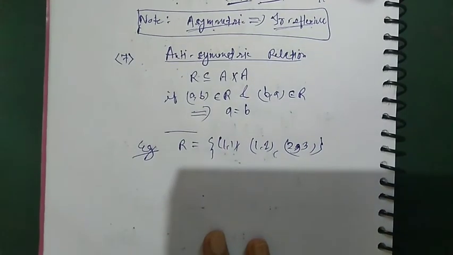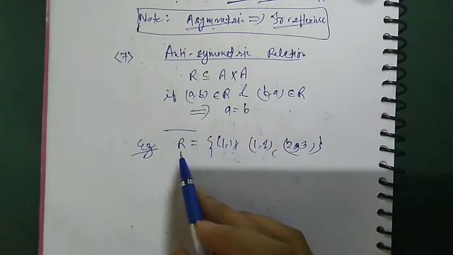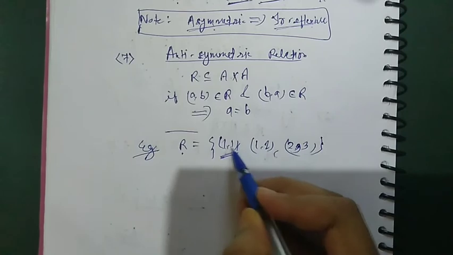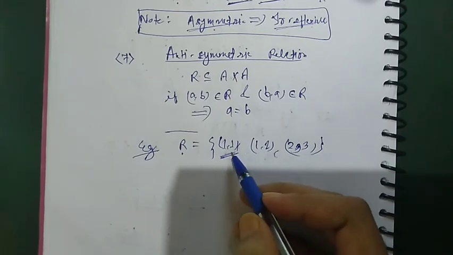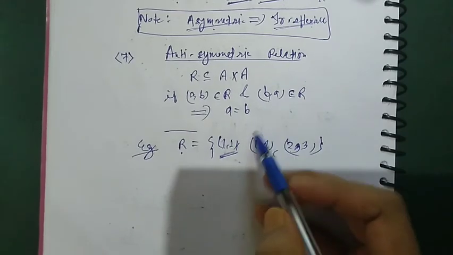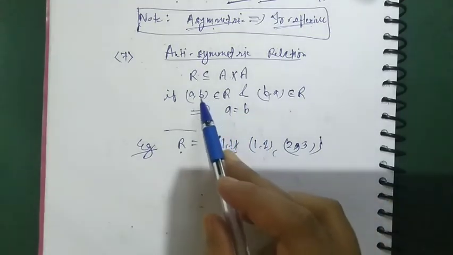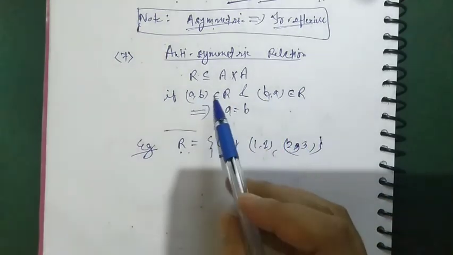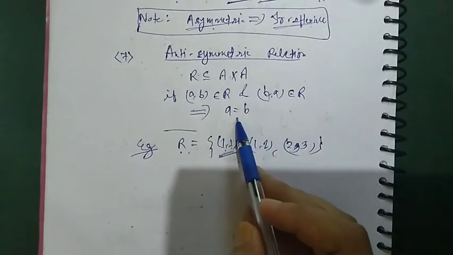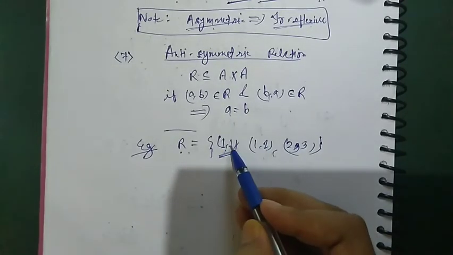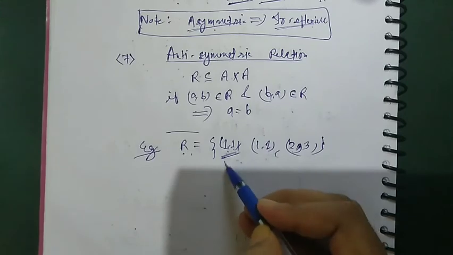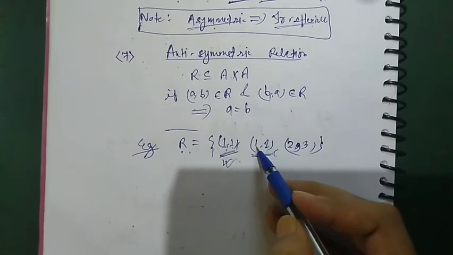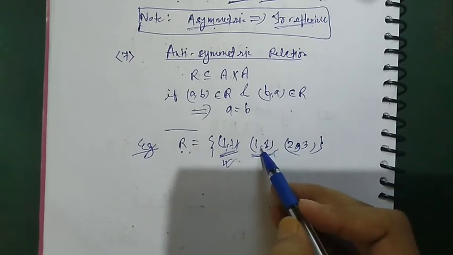So for checking this relation, again we have to take the first ordered pair, which is 1, 1, and take the converse of this element, which is 1, 1. So both conditions for this relation are okay. We have to check whether both the coordinates are equal or not. Here 1 and 1 are equal, so this is okay for this element. Now check the ordered pair 1, 2.